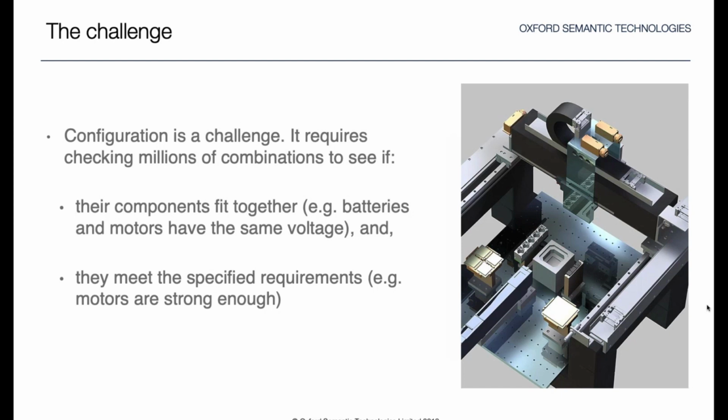Things like batteries and motors, they need to be set to the same voltage, might have controls over the current they draw, and so on. And then we've got specific requirements for our overall configuration. We were looking for how much torque, how much speed the configuration as a whole provides. Okay, so there's the challenge.